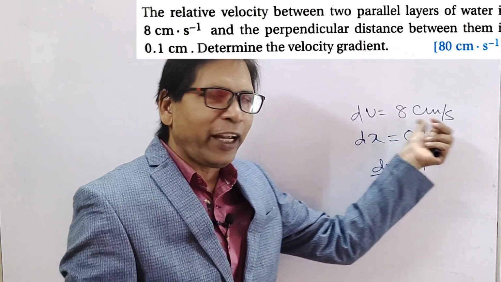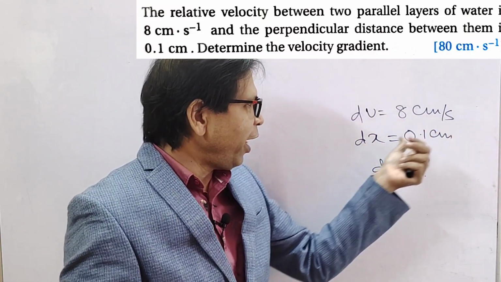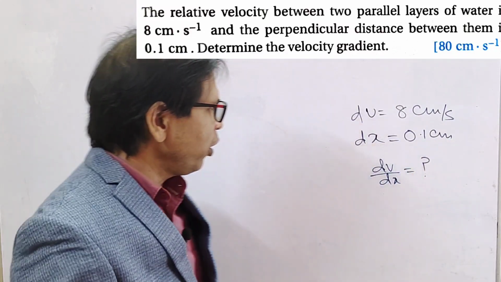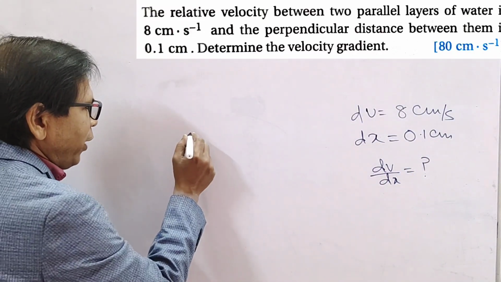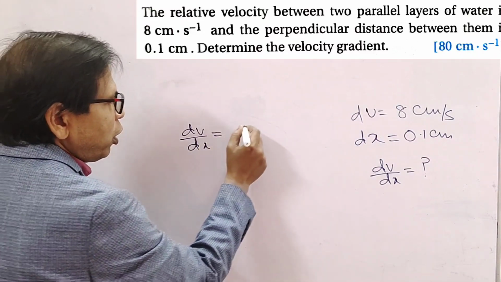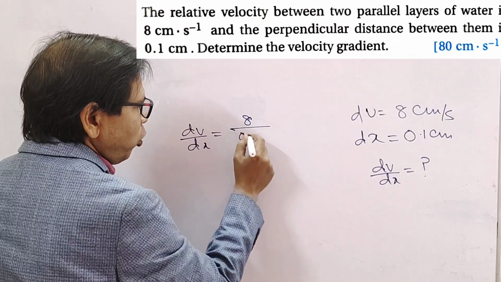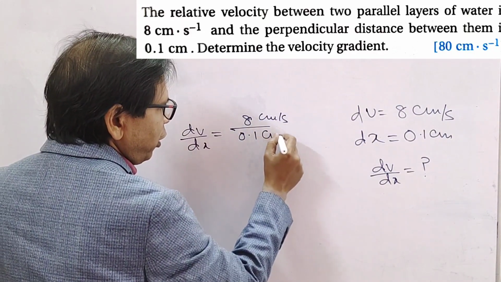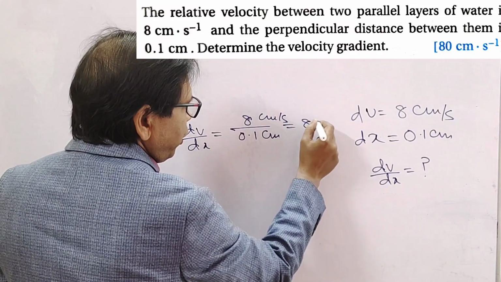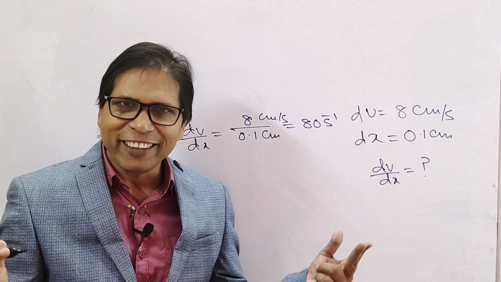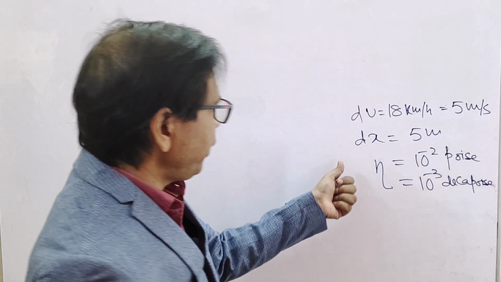Here dV is 8 centimeter per second and separation dx equals 0.1 centimeter. So the velocity gradient dV by dx equals 8 divided by 0.1, centimeter per second over centimeter, so this is 80 second inverse. Okay, understood? Next, look at this.